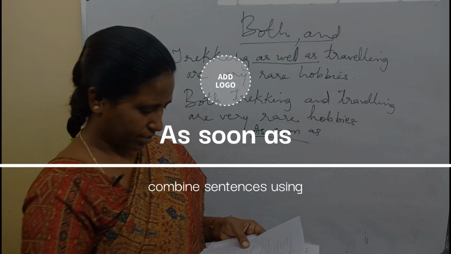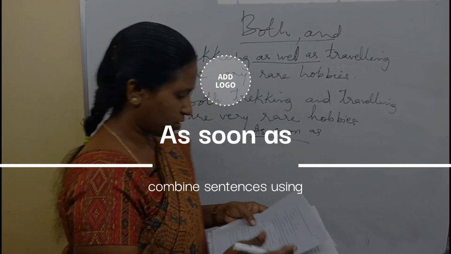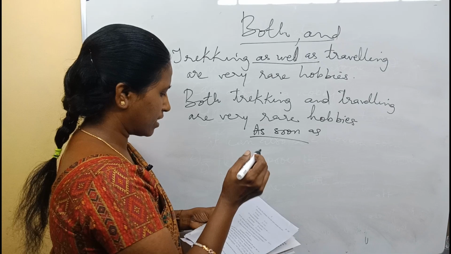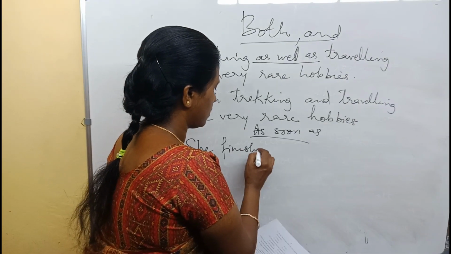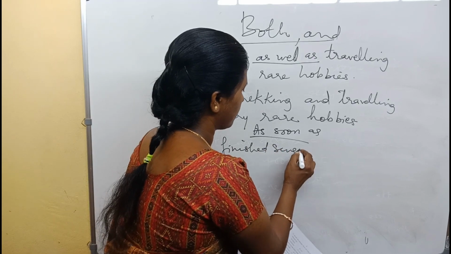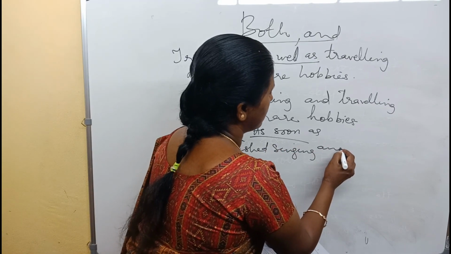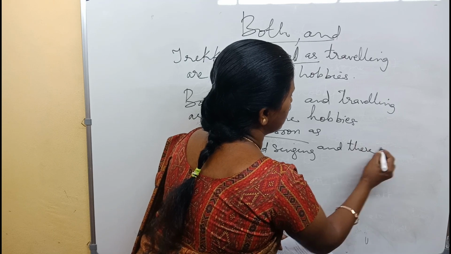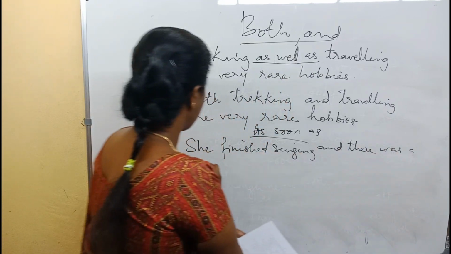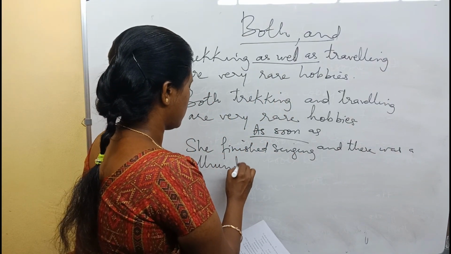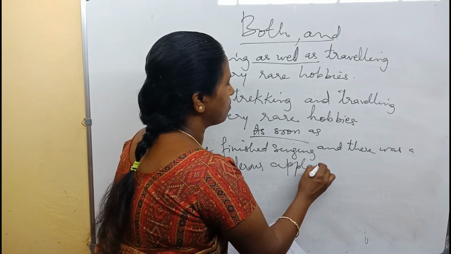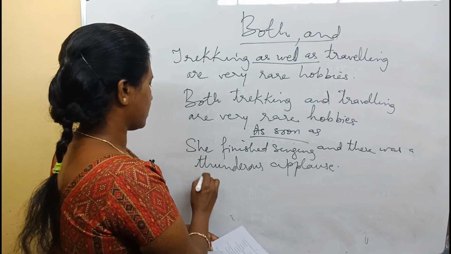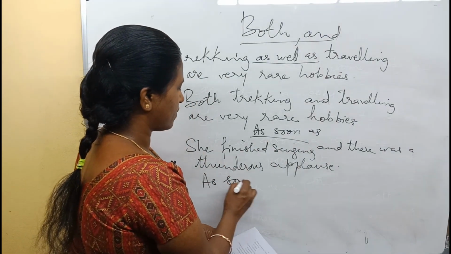And then one more is there, using as soon as. She finished singing and there was a thunderous applause. Here you have to combine using as soon as. So how will you write?